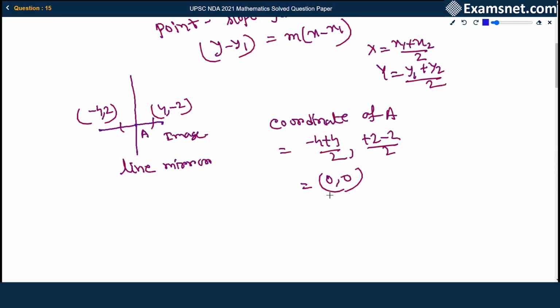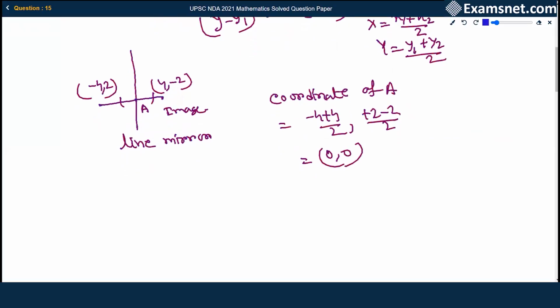Now we can easily say that the line mirror is perpendicular to the line joining these 2 points, right? So the product of the slopes of these two lines should be minus 1, as we have seen.